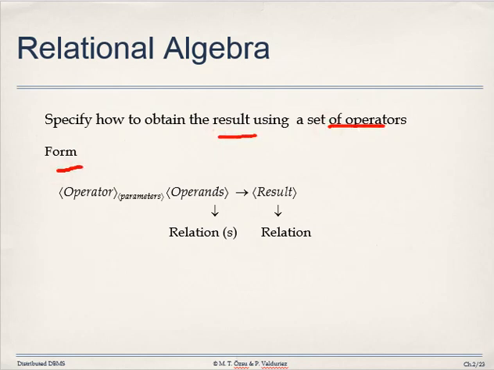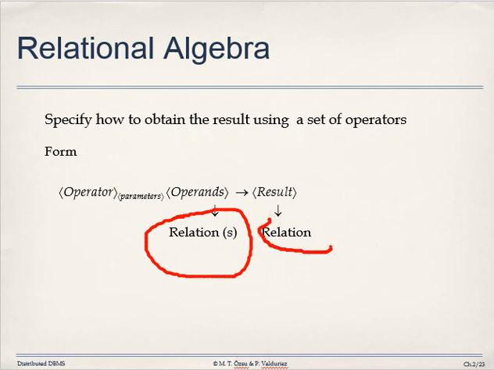The form of relational algebra is operator, number of parameters, operand and its result. In order to get the result, we should have operator, parameters and operand. But remember one thing, the operand should be a relation, and the result will also be a relation. So in the place of operand, we put some table name, because here we should have a relation.